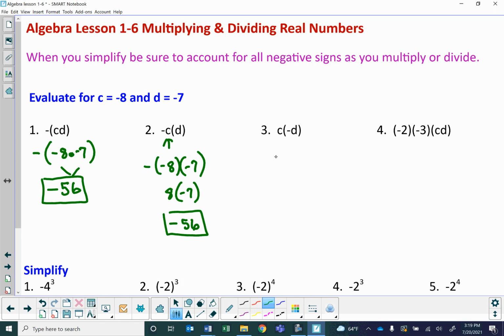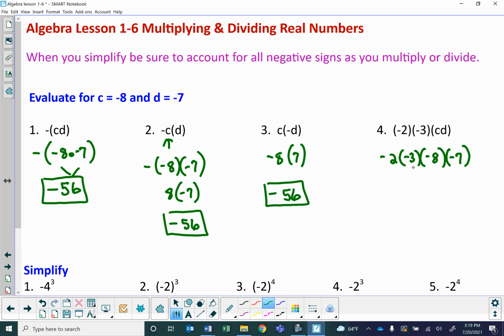Here I have c, which is -8, times the opposite of d. d is -7. The opposite of that would be +7. So again, we have -56 here. And last but not least, we have -2 times -3 times c times d. So -2 times -3 times c, which is -8, times d, which is -7.